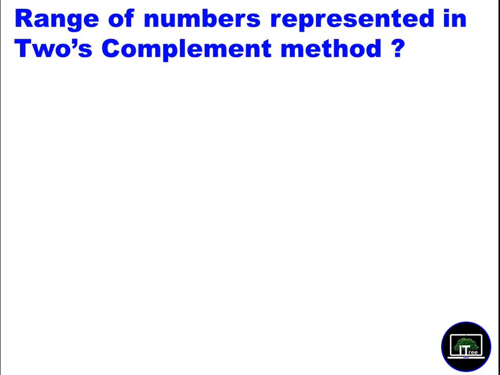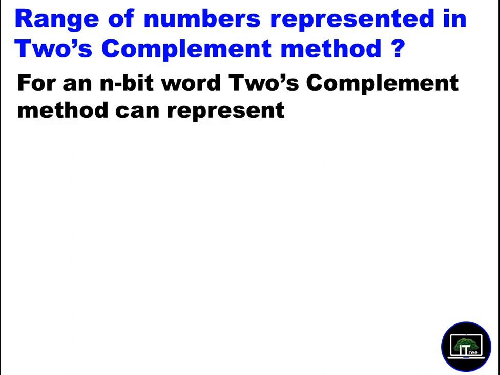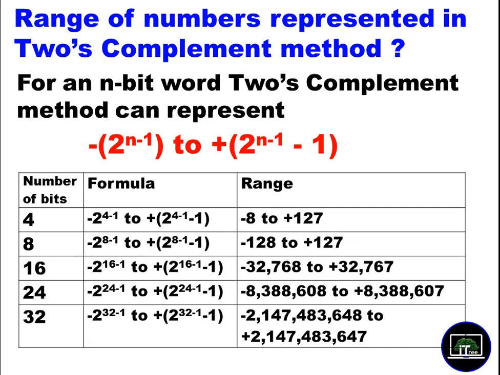Okay, we get the range of the 2's complement representation. If it is n bits of numbers, this is the range. It is minus 2 to the power n minus 1, to plus 2 to the power n minus 1 minus 1. So when you have 4 bits, this is the range. Now what we can do, we can summarize the range of this one.